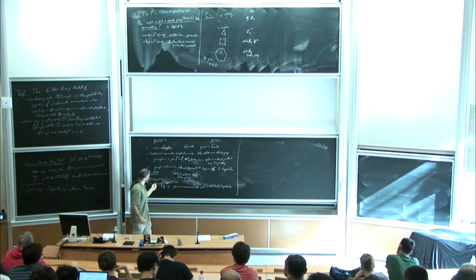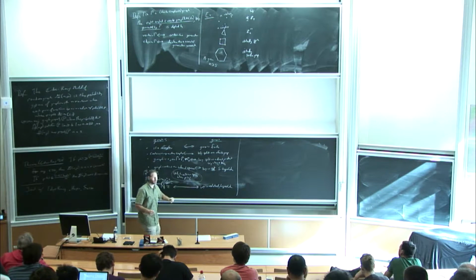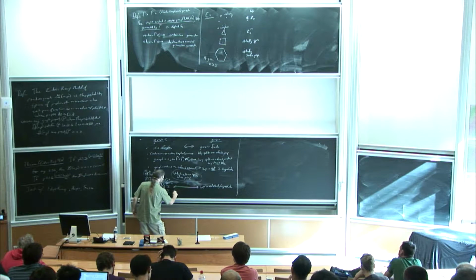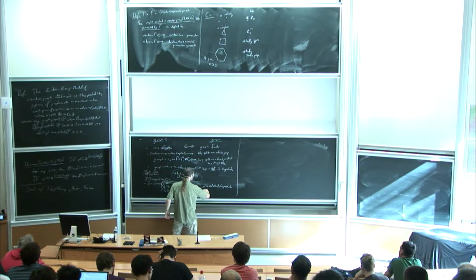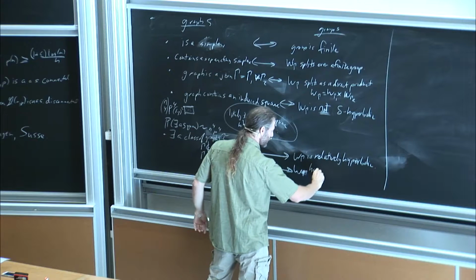So we have this class of graphs where if you're not in that class, then you're relatively hyperbolic, and we also know something about what's in that class. Gamma is in that class if and only if W gamma has polynomial divergence.